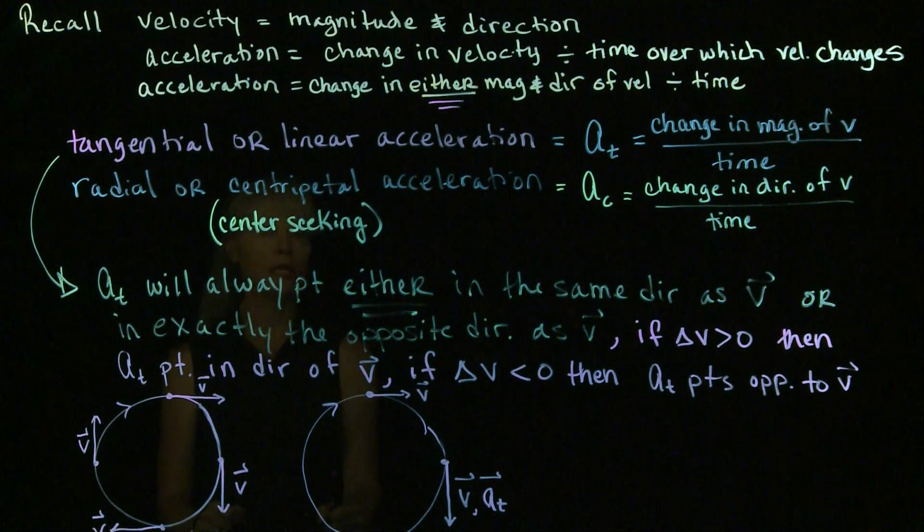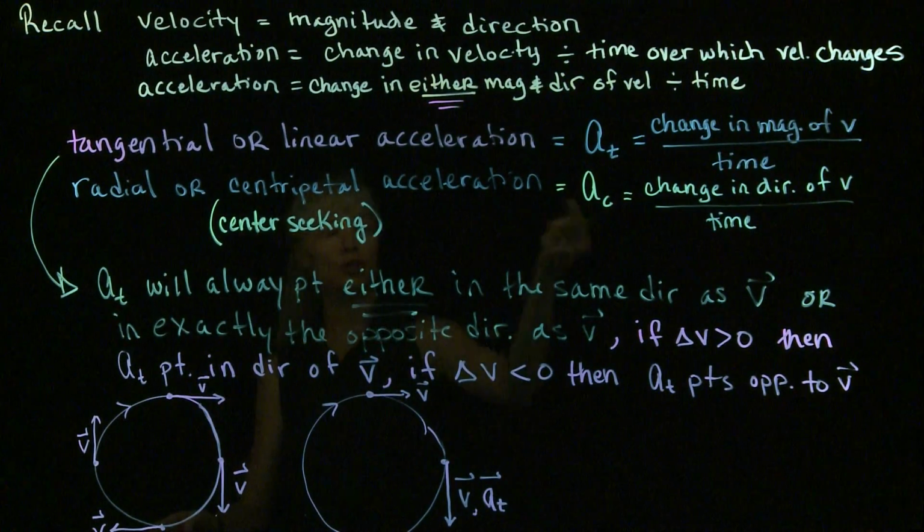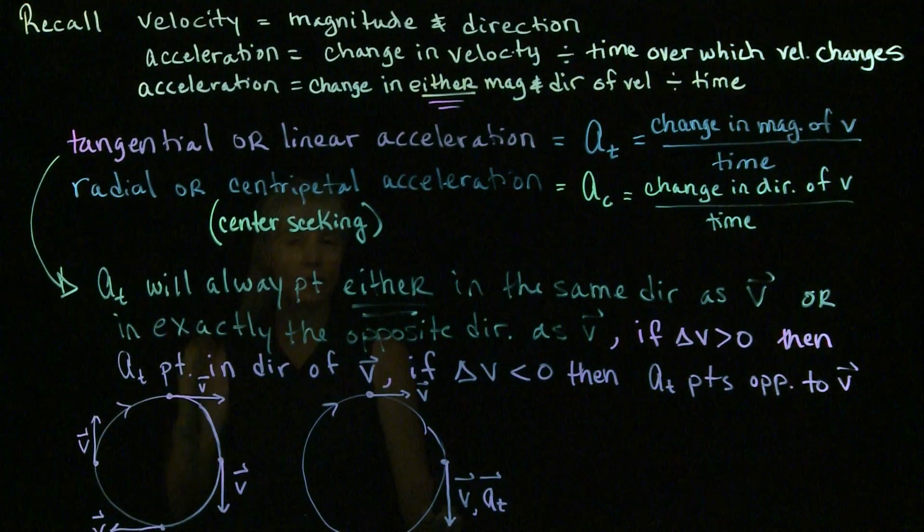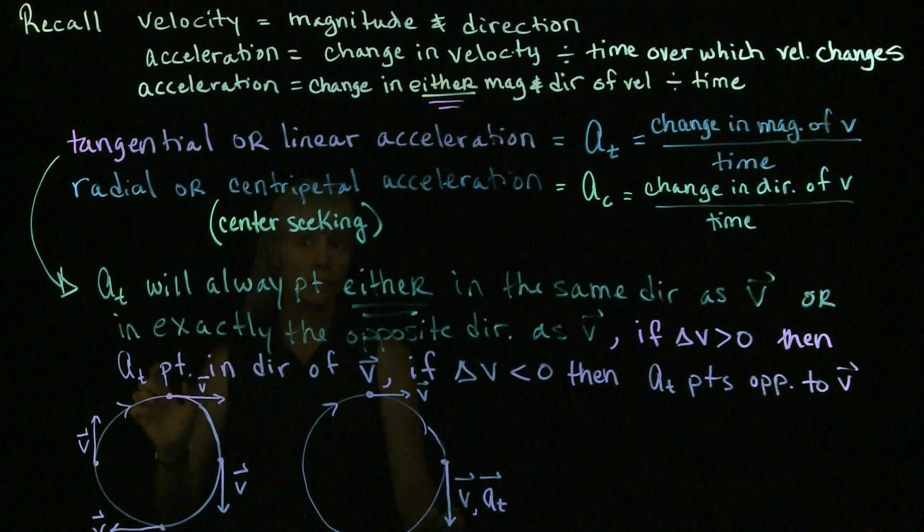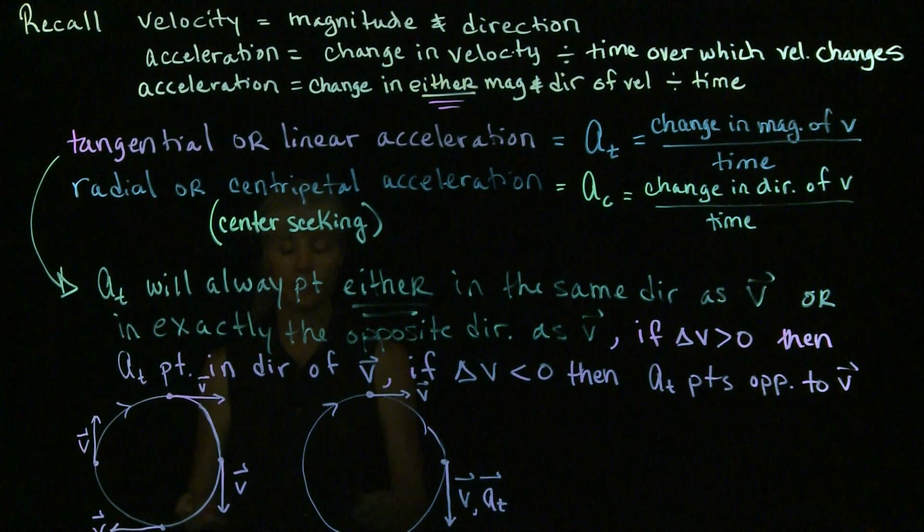Centripetal acceleration, or radial, and you'll see some texts use a sub r instead of a sub c. The text we're going to be using is a sub c, so we'll stick with that. But centripetal means center seeking, and that's because the direction part of the radial or centripetal acceleration always points into the center of the circle that the object is moving through.